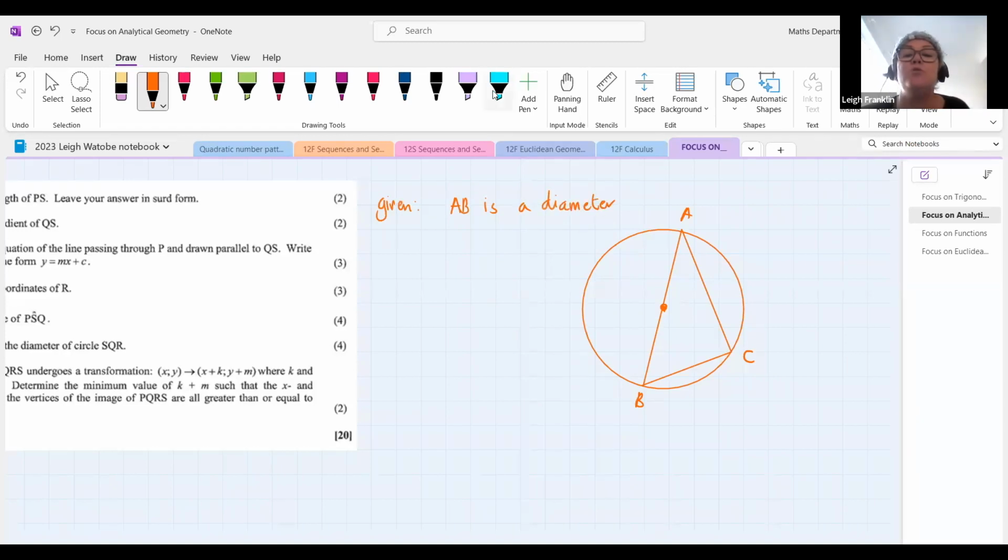What would that mean to you about angle C? If you were given AB as the diameter, what would you then conclude about C?